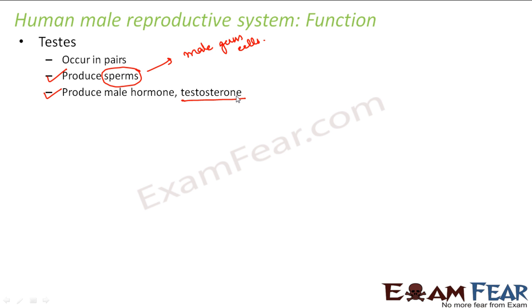Now testes occur in pairs, that means there are two testes present in a human male, one on each side of the penis. Right? Now from where actually the sperms are produced, what is there inside the testis that produces the sperms? Actually testis consists of many coiled tube-like structures which are lined by cells of epithelium. We have already spoken about tissues, right, in class 9th.